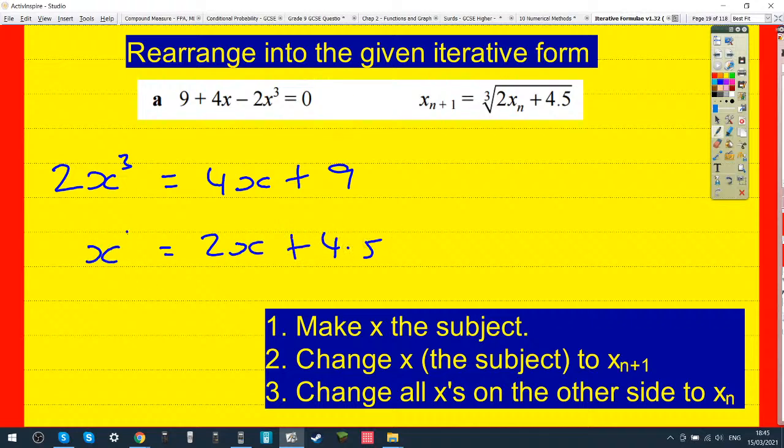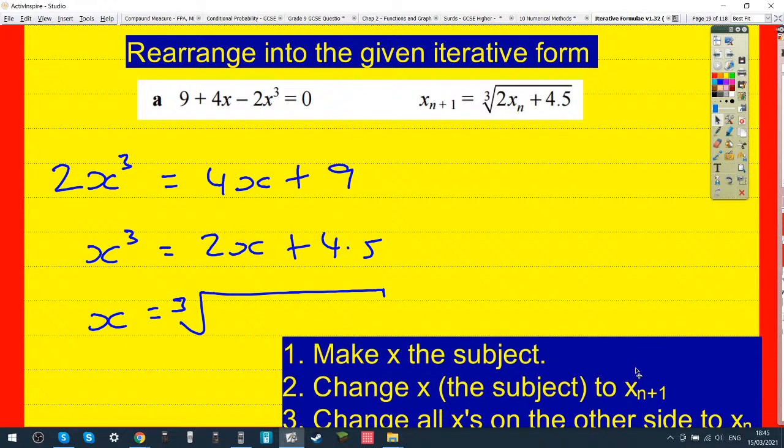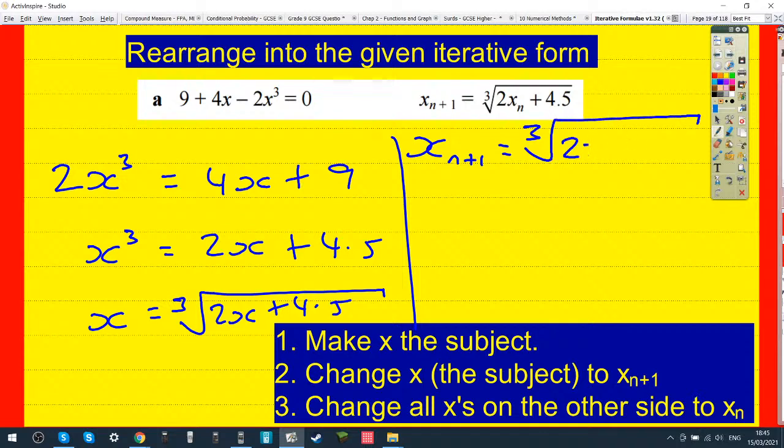And then we can cube root from here and get our answer. Yeah, cube root. The cube root of 2x plus 4.5, and then the one on the left that's by itself is x n plus 1, and all the x's on the right side become x n.